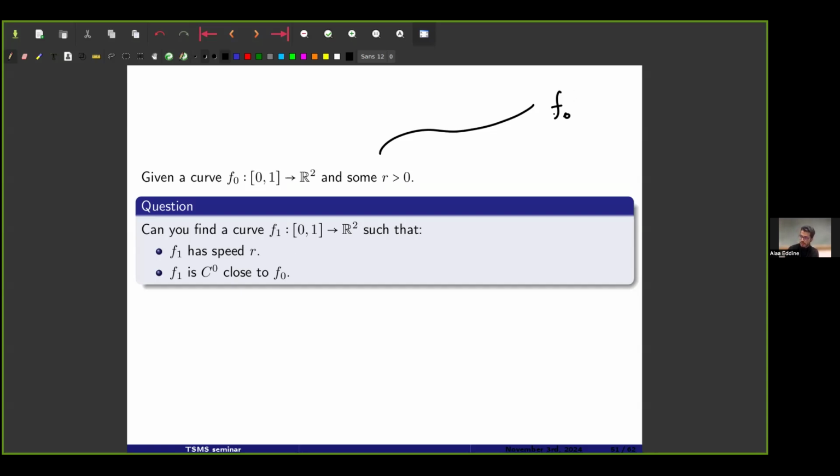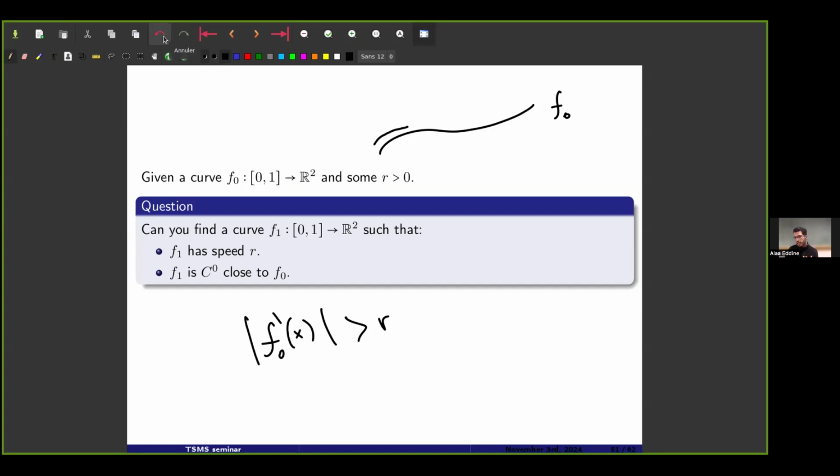So the first remark is that if the speed of f0 is bigger than r, then this can never happen, because you want to stay at speed r and you want to stay close to f0. This curve has more speed, so it will get away very quickly.